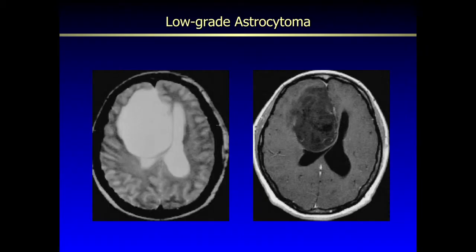So this is the low-grade astrocytoma. When I look at these images, these are the clues that I look at. It's very bright, it's T2 bright. And on a post-contrast image, I don't see any enhancement. So these are clues that tell me that this is a low-grade or a WHO grade 2 astrocytoma.